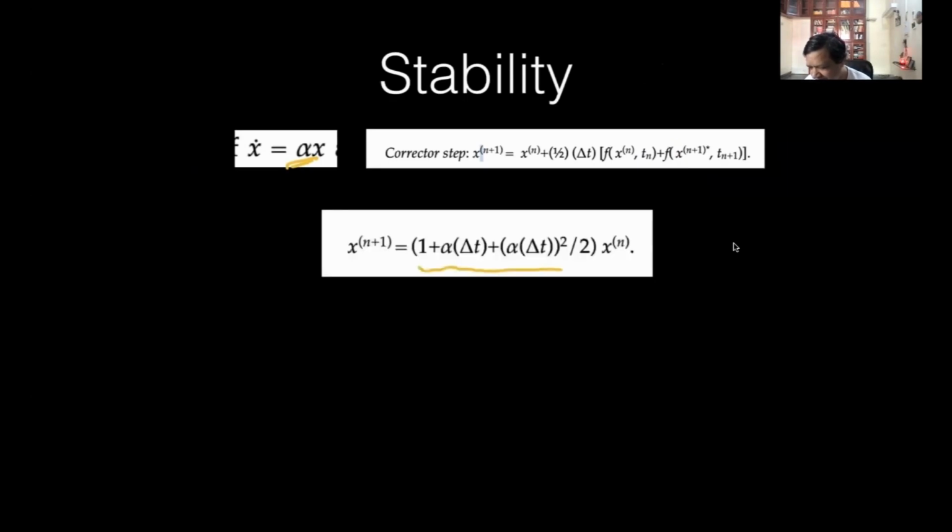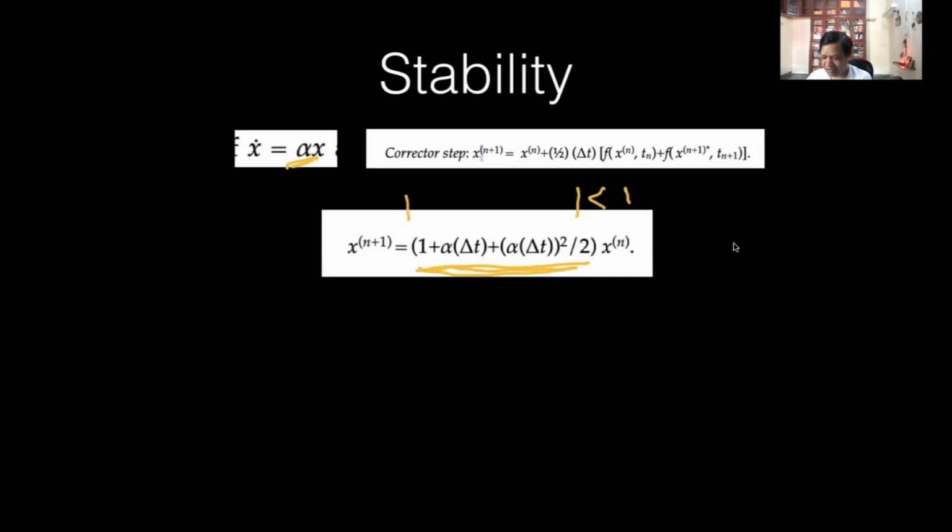So we can substitute this alpha x there, and you can just do it yourself. I will not do the algebra, and it turns out the prefactor is this. Okay, and for stability, I want this to be less than 1.